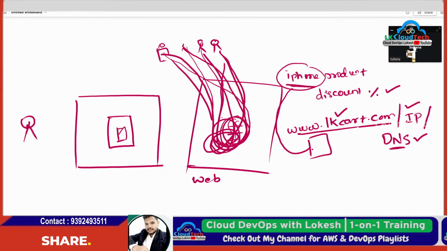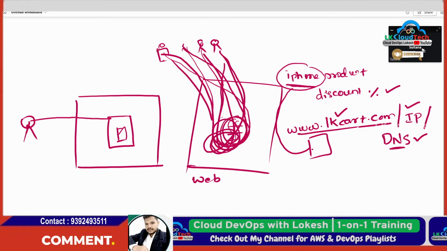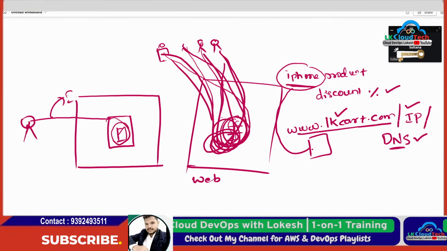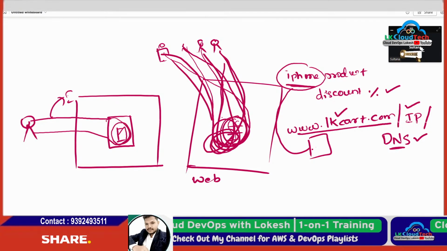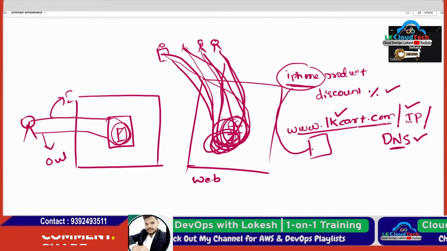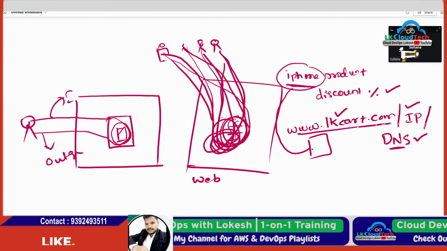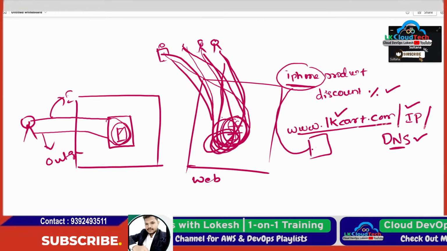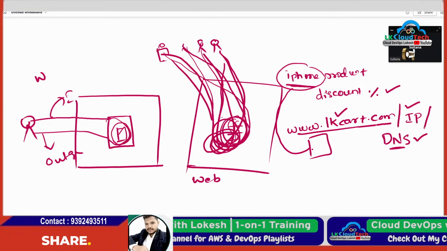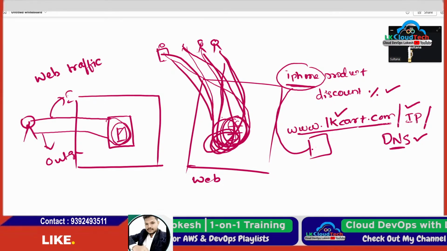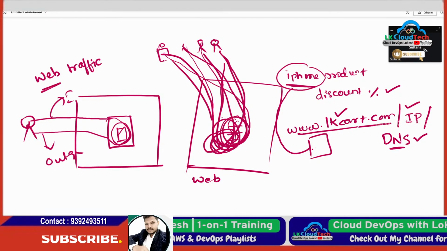This is incoming, and after that, if everything is fine, the response goes back, this is outgoing. This incoming and outgoing traffic, the requests and responses, is called web traffic.